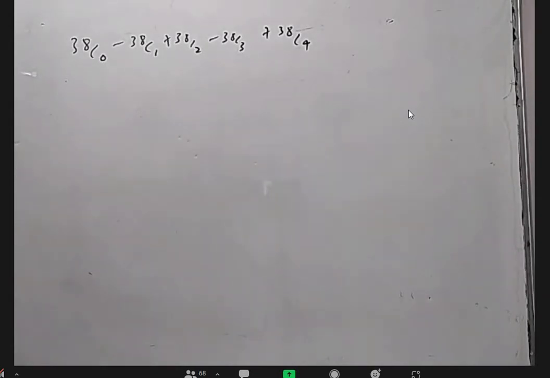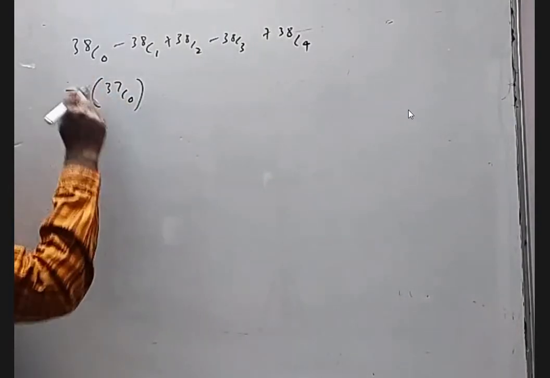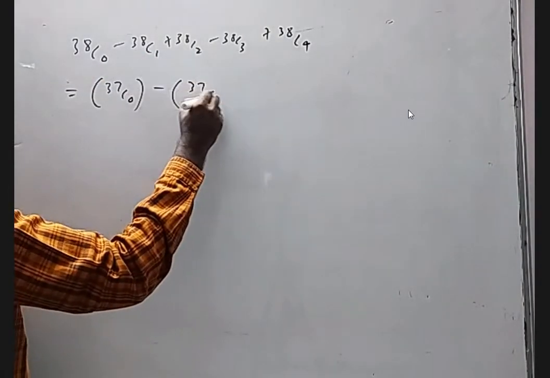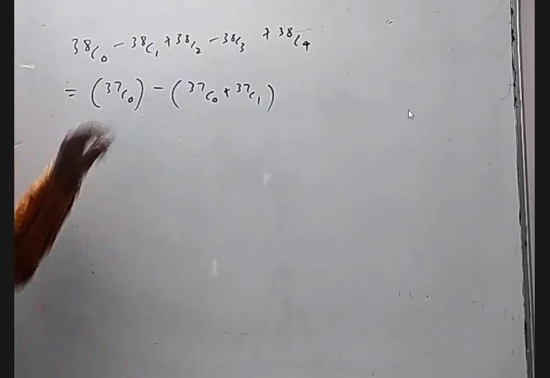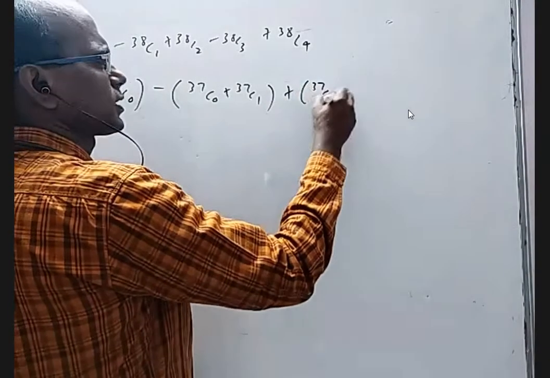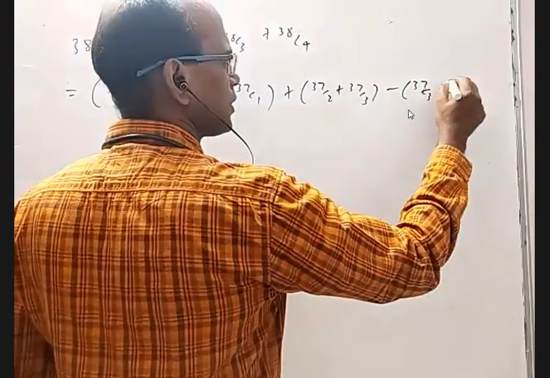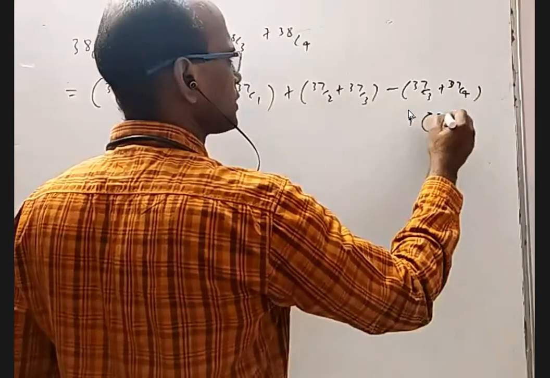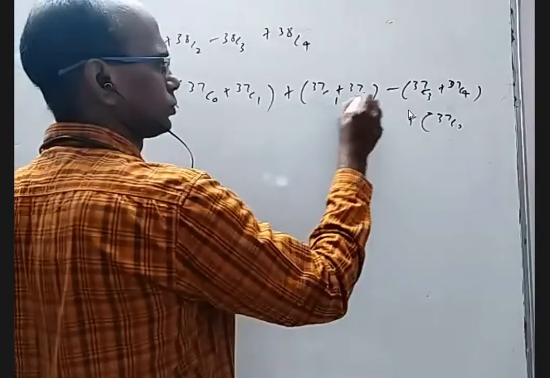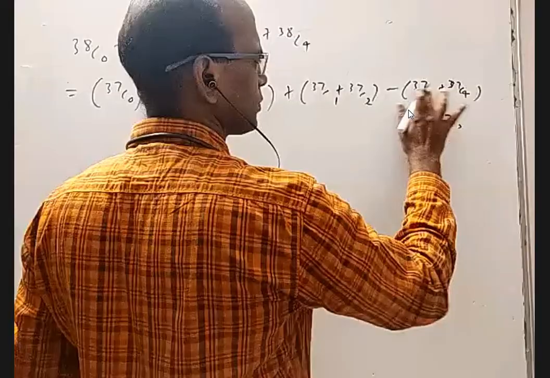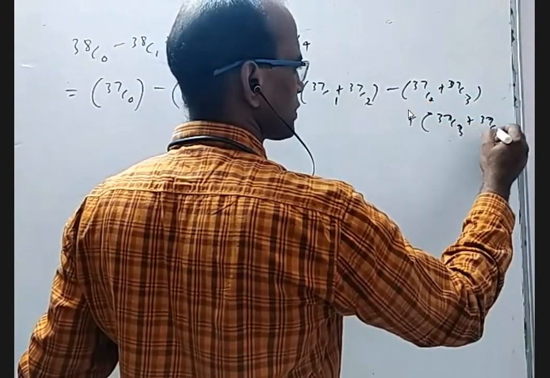I gave this question almost similar earlier. 38C0 I can write as 37C0 because both are 1. 38C1 I can write as 37C0 plus 37C1. nCr plus nC(r+1) is (n+1)C(r+1). 38C2 is 37C1 plus 37C2, and so on. This is 37C3 plus 37C2.